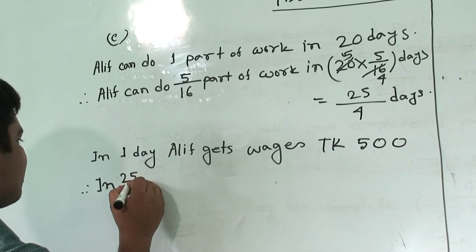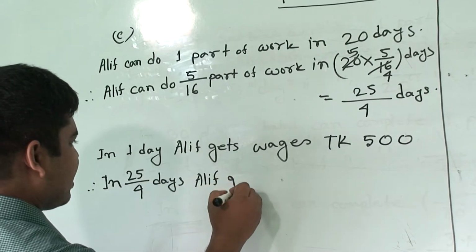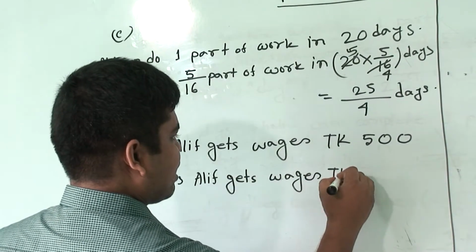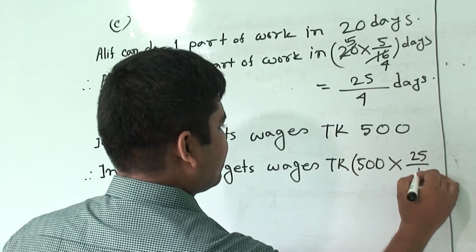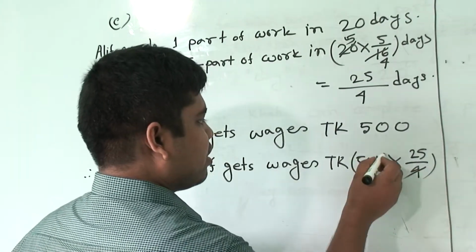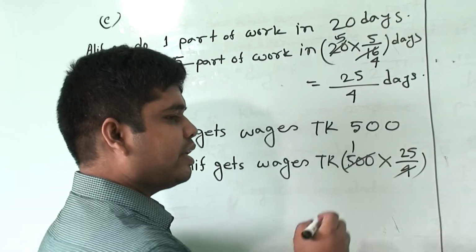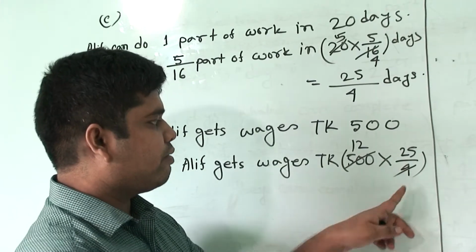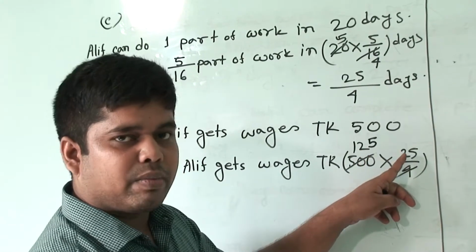In 25 by 4 days Alif gets wages taka 500 multiplied with 25 by 4. Now we cut this 500 by 4 and we get 4 on the 4, left 1, that means 10. In 10, 4 goes in 2 times. Subtract, then we get 2, that means 20. In 20, 4 goes in 5 times, that means 125 multiplied with 25.